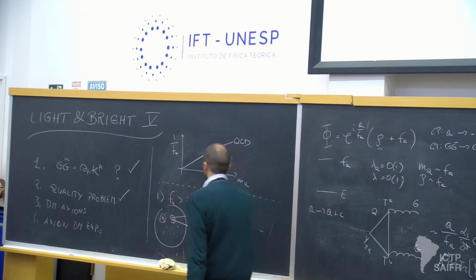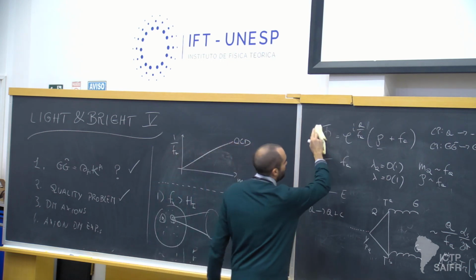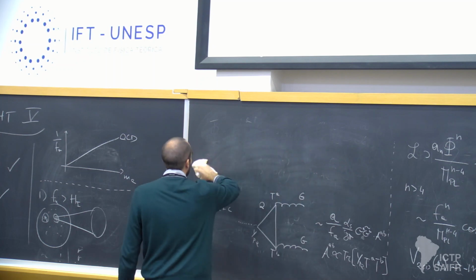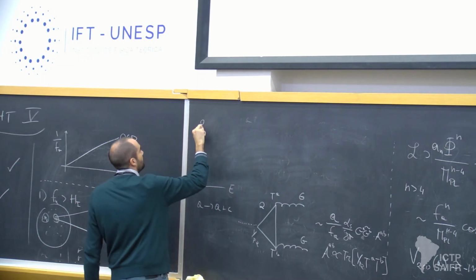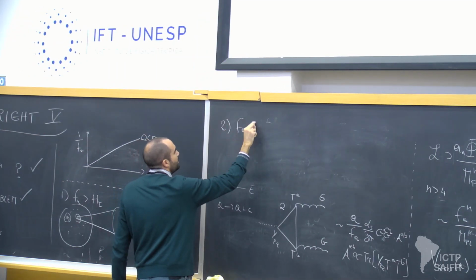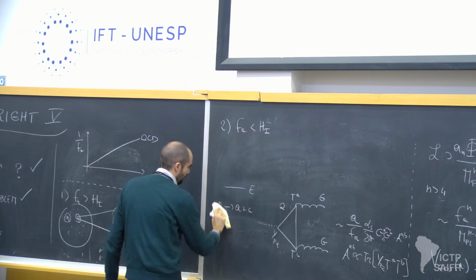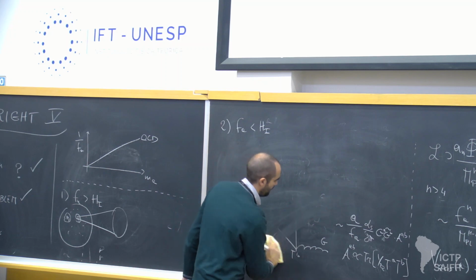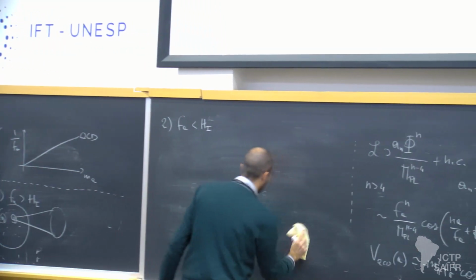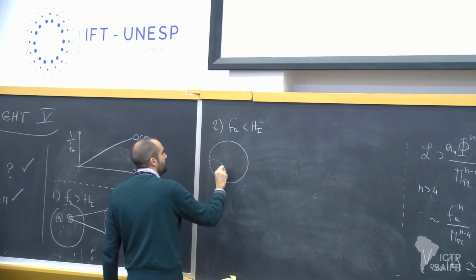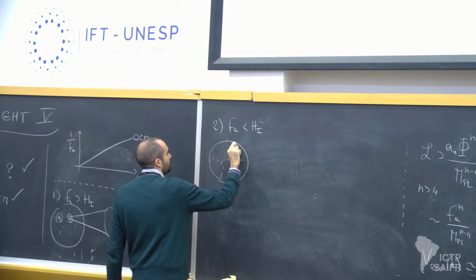However, if we imagine that we are in the opposite situation, so that the axion doesn't exist during inflation, then in principle we can have, within our universe, many different values of theta.